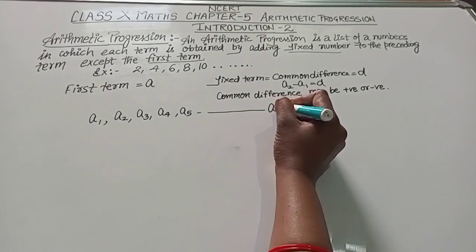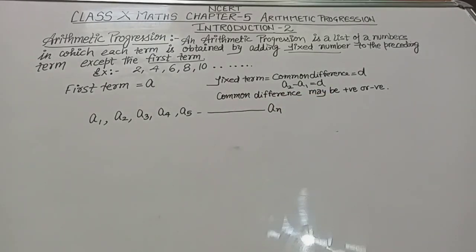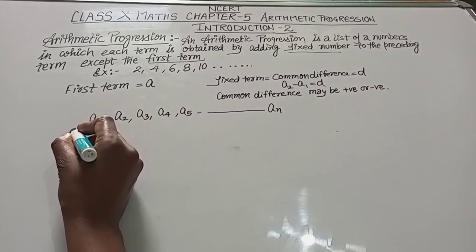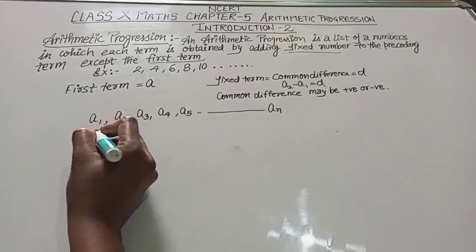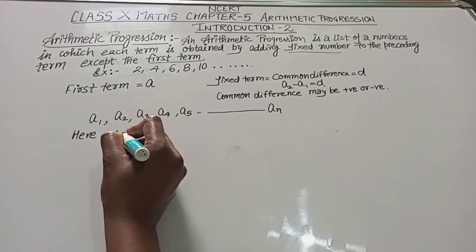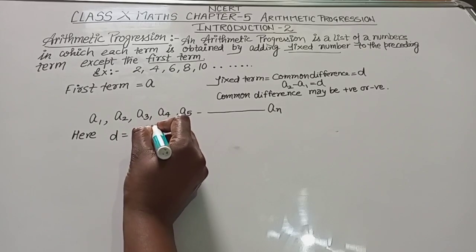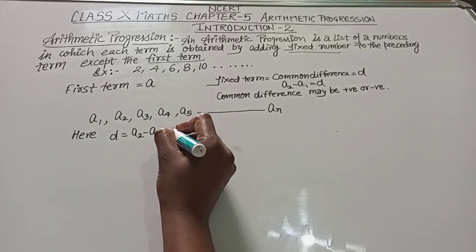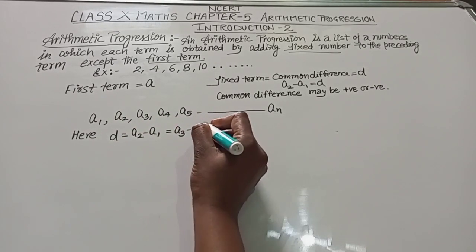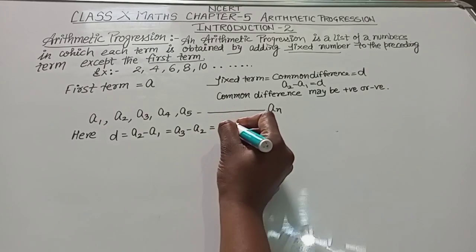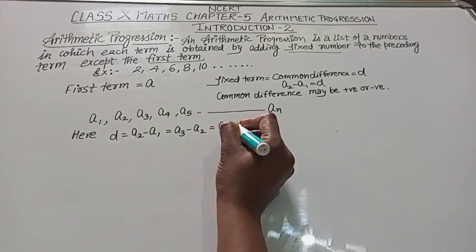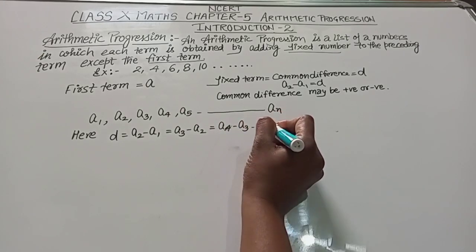The last term we can call AN. So D is equal to A2 minus A1, or A3 minus A2, or A4 minus A3, and so on.